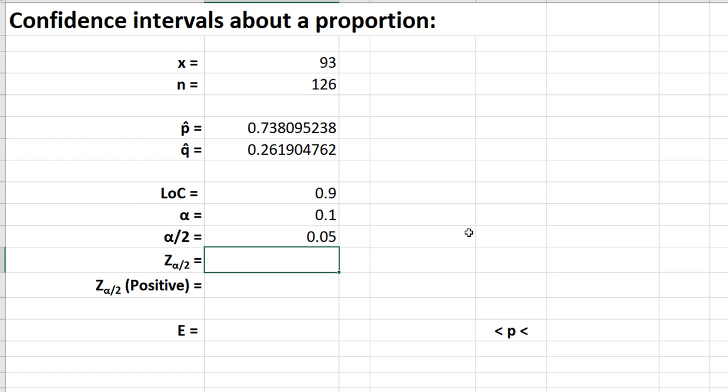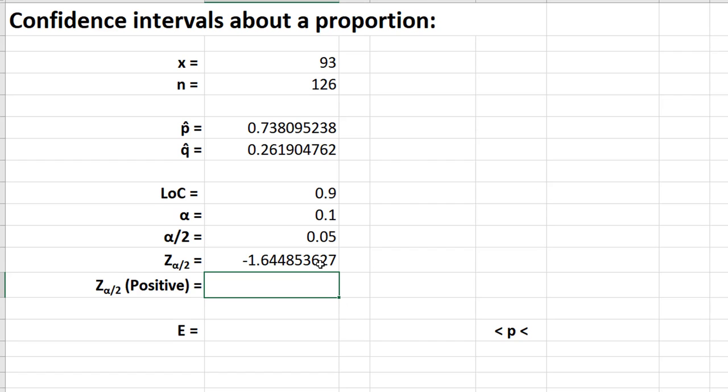And that function is the NORM.S.INV function. And you'll see what that looks like. Equals NORM.S.INV, and then open parenthesis, and it's asking for the probability, which is what I call area. Remember, those are synonymous. Click on that, and then I close my parenthesis, and I press enter.